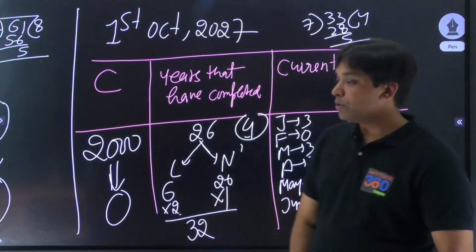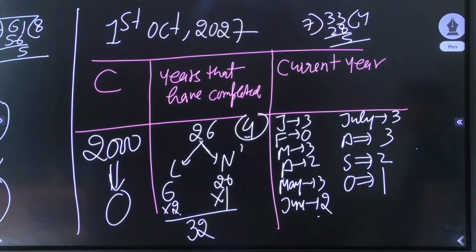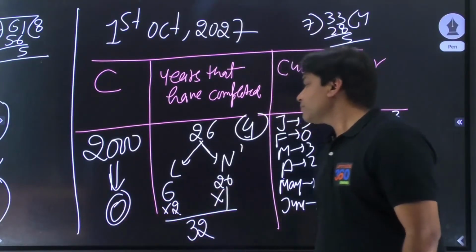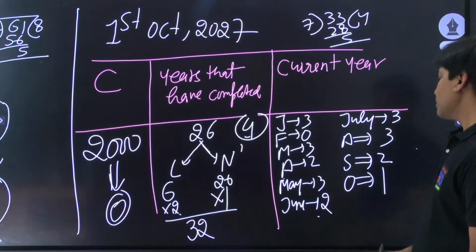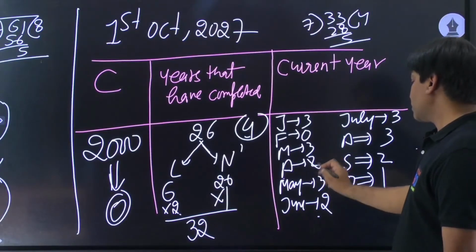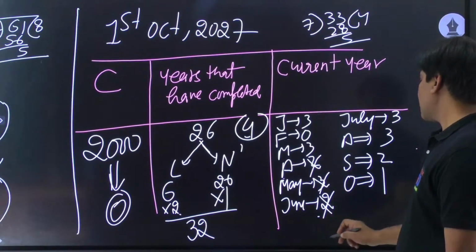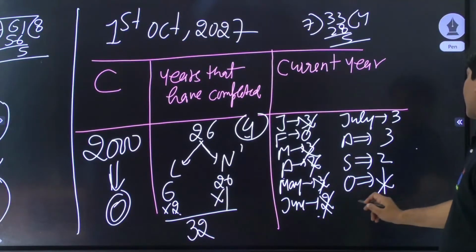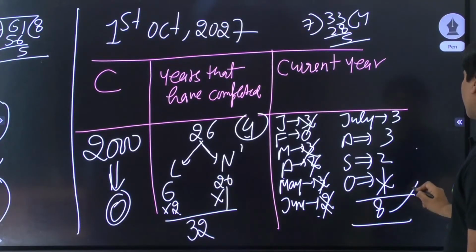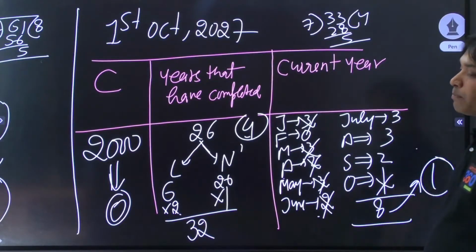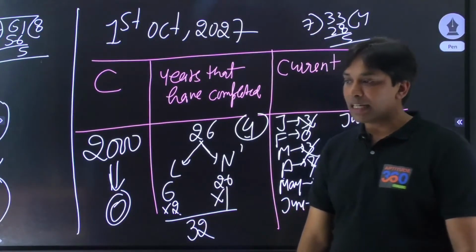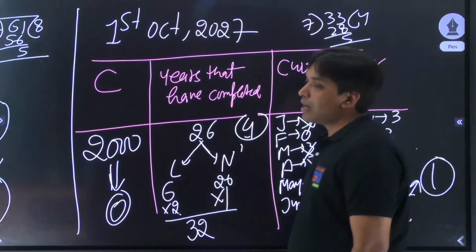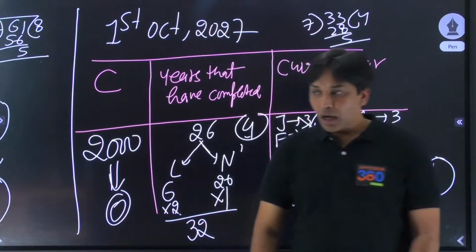How about rest of you? Do the calculation, people. So from here you are getting nothing. So this is 1 plus 4, 5. 5 is Friday. Aradhana, how come Monday?